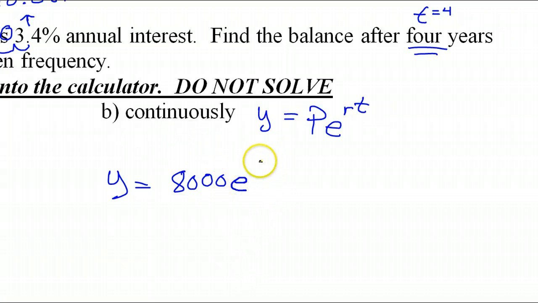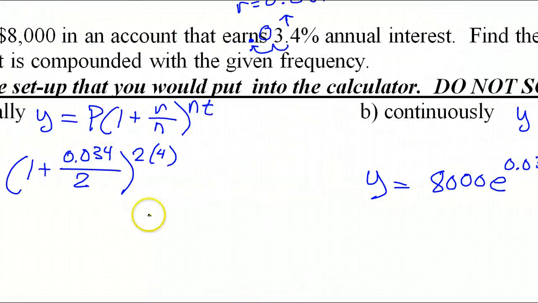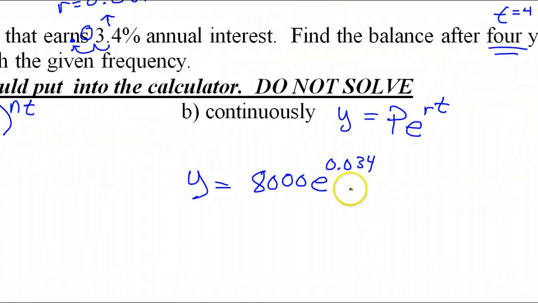So I'm just going to definitely leave e. We already saw that the rate was 0.034. Alright, same as before. And we already saw that time t equals 4. So again, that's it. That's all we can do right now.